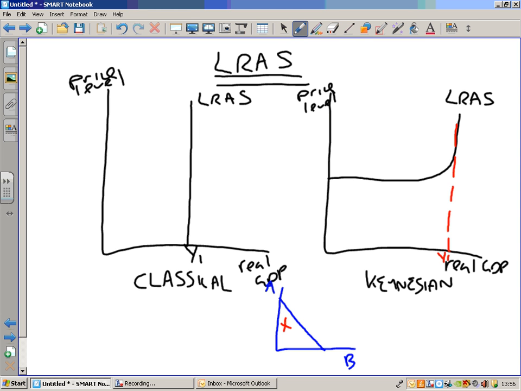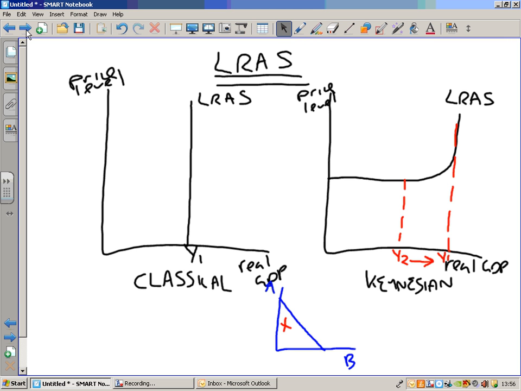However, in a Keynesian world, let's imagine we're at Y2. In the long run, we might not get to Y1 because those people that are unemployed maybe can't lower their wage demands to get a job. Maybe there are minimum wages in place. Maybe trade unions will restrict them from lowering their wage demands. So we've got then an LRAS curve.